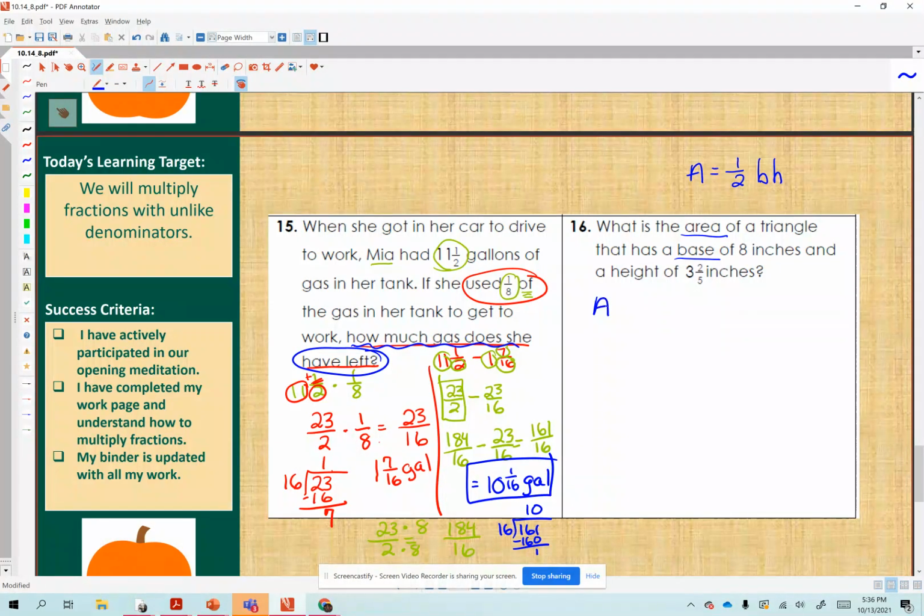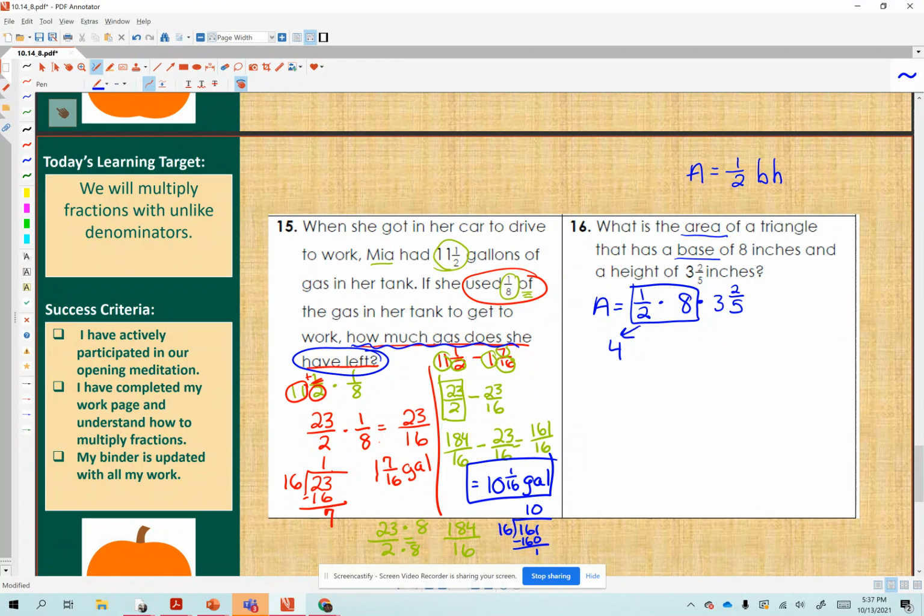So the area of the triangle will be 1/2 times the base times the height, which is 3 2/5 inches. So let's start with 1/2 times 8. So half of 8 we know is 4.